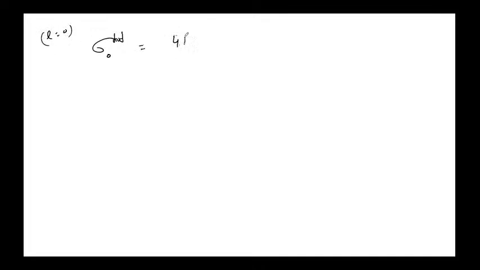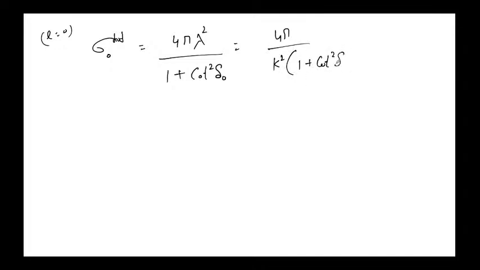It comes out to be 4 pi lambda square over 1 plus cot square sigma naught, or in terms of wave vector, 4 pi over k square into 1 plus cot square sigma naught. These are the standard solutions of the total scattering cross section for S wave scattering.